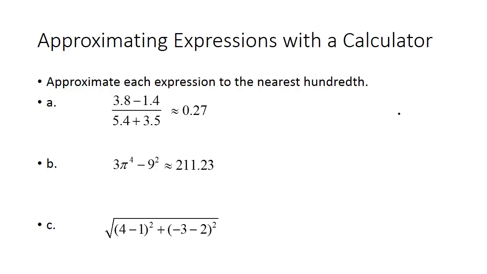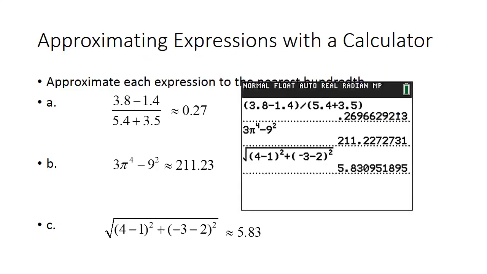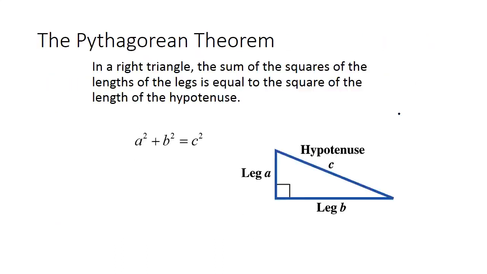For this one, if you raise pi to the power of 4, multiply by 3 and subtract 9 squared from that, you should get 211.23. And for the next one, you should get 5.83. This is how you can test whether you know how to do the simple calculations with your calculator, where you need to enter the numbers.